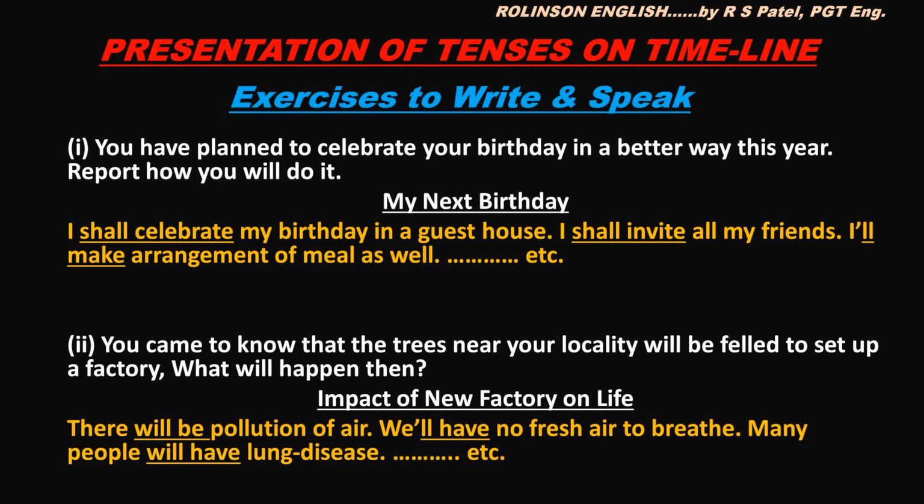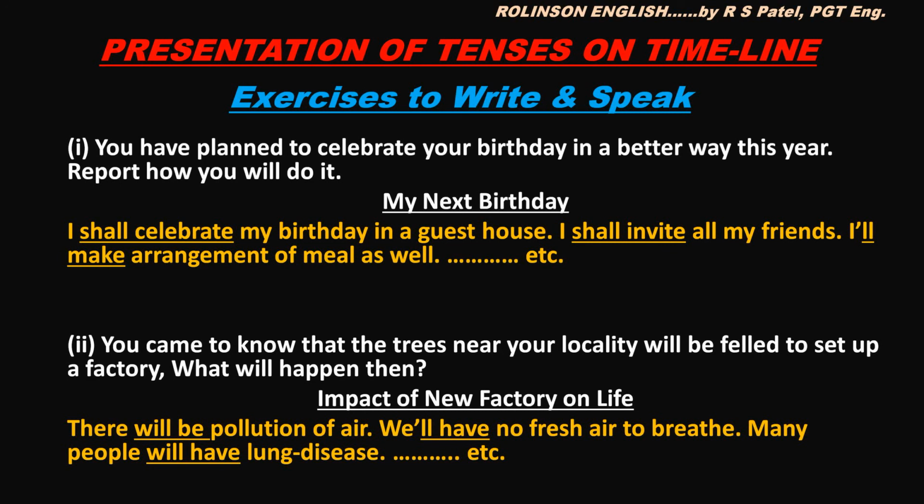Alright, so continue this way. Now, another exercise. You came to know that the trees near your locality will be felled to set up a factory. What will happen then? Impact of new factory on life. There will be pollution of air. We will have no fresh air to breathe.